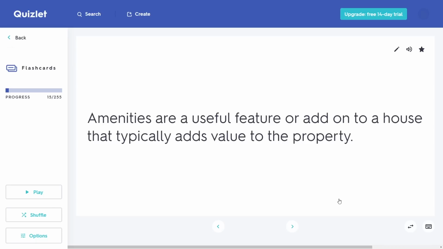Pretty self-explanatory. When you guys are showing houses, you're probably going to use this term 100 times a week. These are the amenities. It's just a fancy term to explain a feature or an add-on to a house that, again, typically adds value to a property.